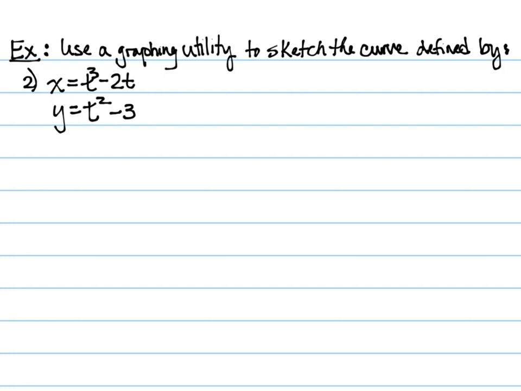How about -4? I didn't mean x, I meant y. Oh my goodness. Let's try that again. -2 for x, -4 for y. That looks better. So right now my x minimum is -2 with an x max of 10. My y minimum is -4 with a y max of 10. My t-step was at 0.2.